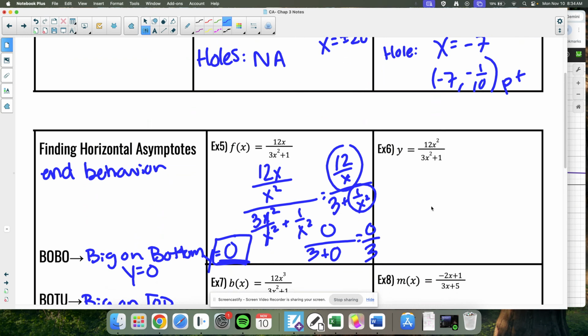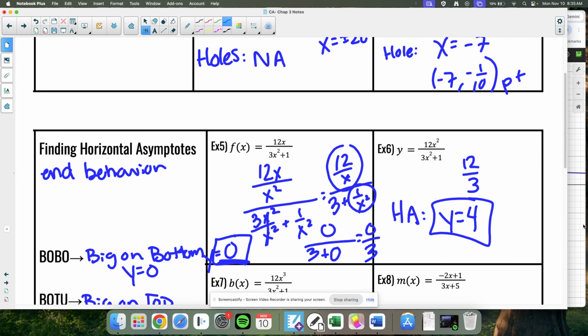X squared. What's our exponent on the bottom? So our exponents are the same. So to find your horizontal asymptote, divide your leading coefficients. So what is 12 divided by 3? Our horizontal asymptote should be at y equals 4.